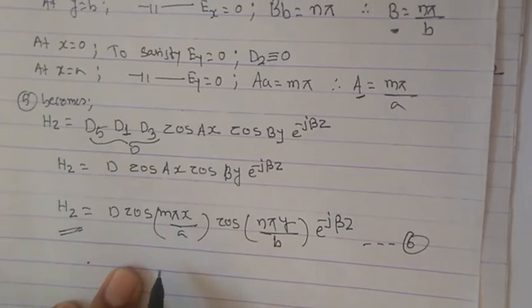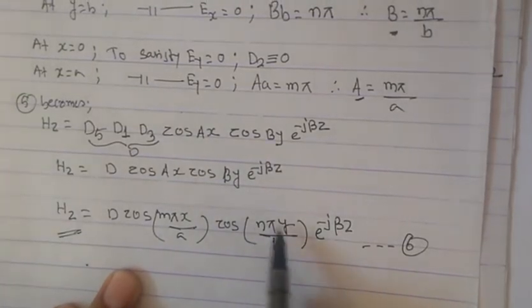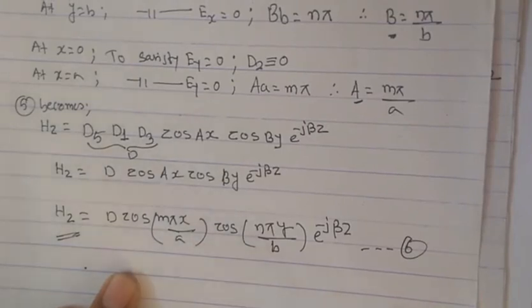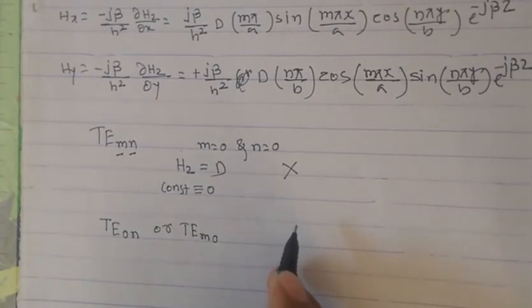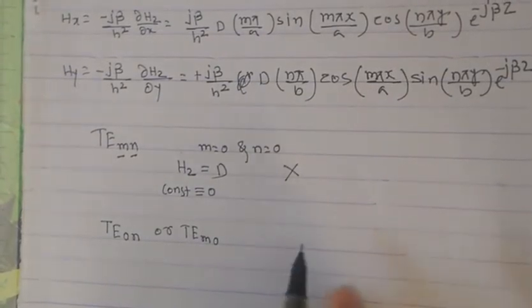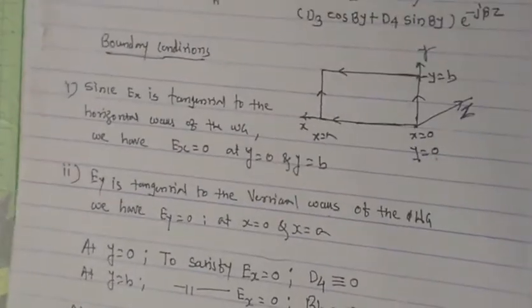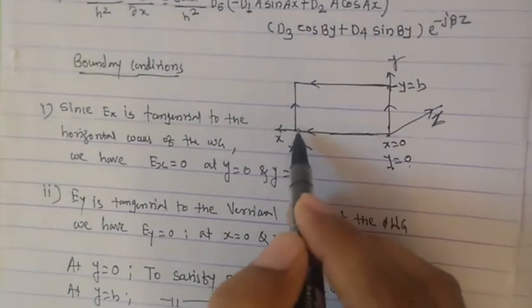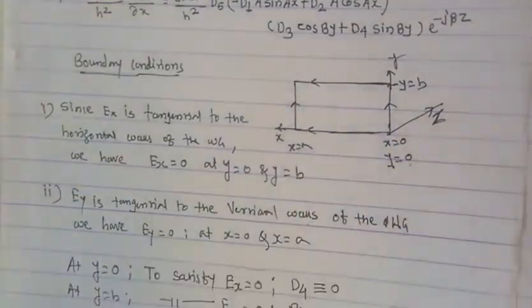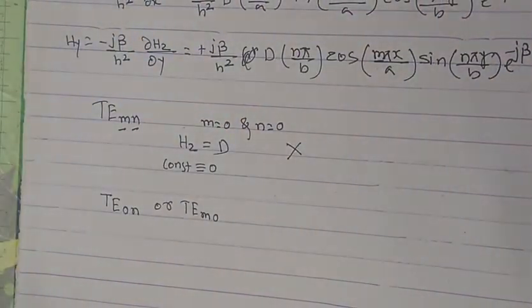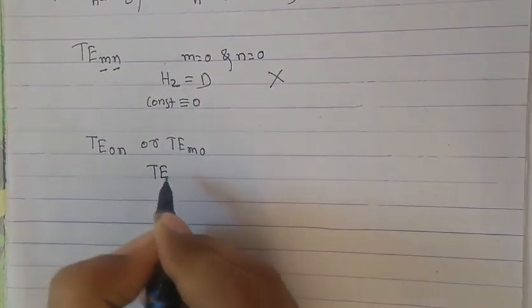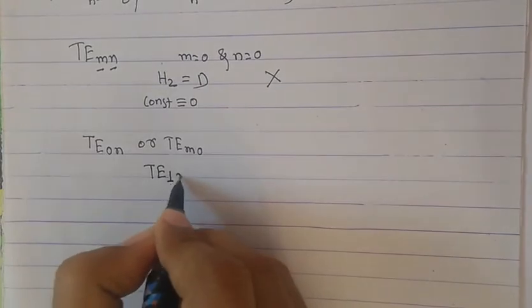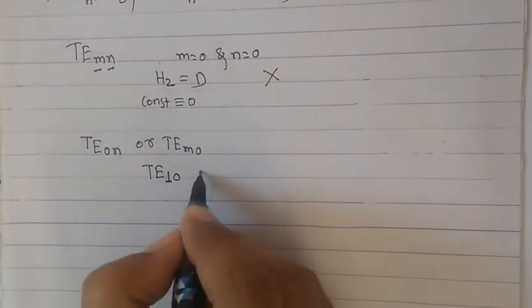And in the other case, if n is 0, again this will be 1, so the field will survive. So both the modes are possible, means your field will have at least variation in one direction. In the other direction, it may be a constant. So the lowest order TE mode will be TE10 when n is 0, or you have TE01.